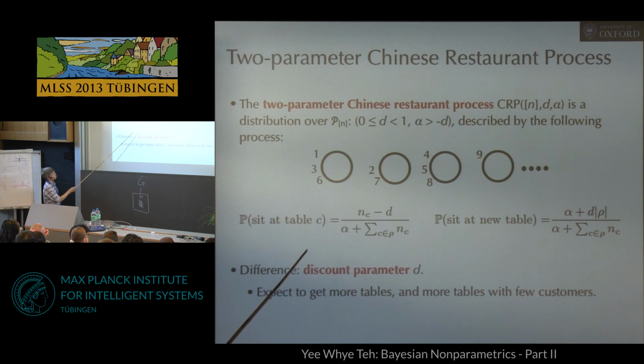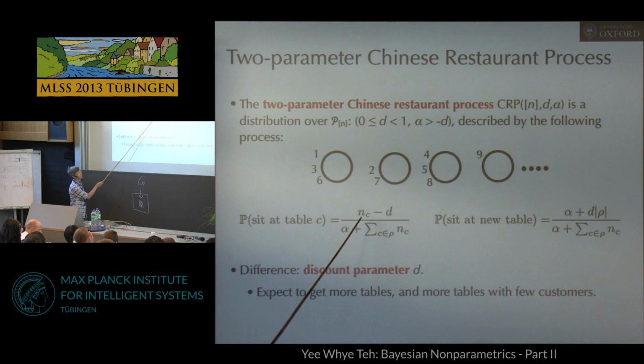It's a Chinese restaurant process, but the probability of a customer sitting at a table is adjusted in the following way. The probability is proportional to the number of customers currently sitting there minus the d parameter. The d stands for discount in this case, so we are discounting the probability of sitting at that table.